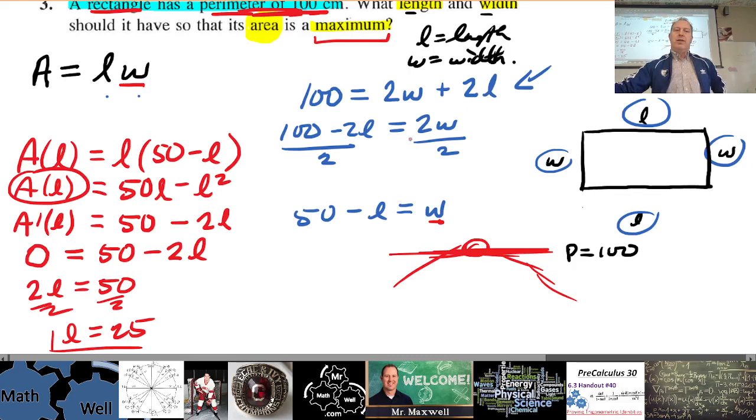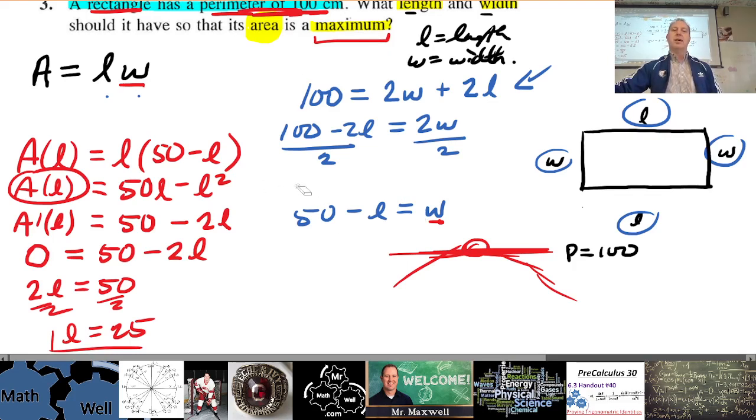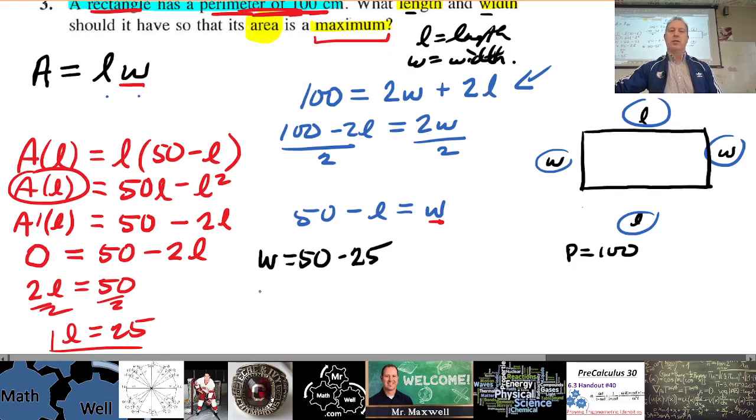Now, if we're going to try and find the width, then we go back to this part here and notice that I did outline what the width was equal. It was 50 minus L, so let's do that. So width is 50 minus L, which is 25. So it looks like the width is 25 as well. Interesting. Okay.